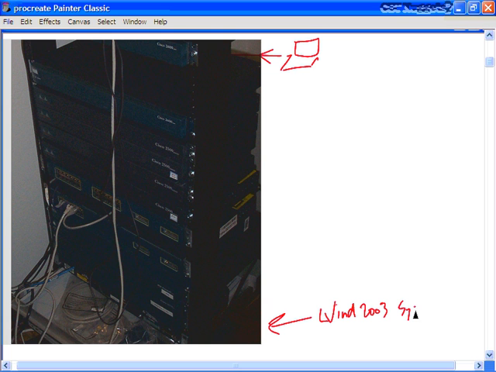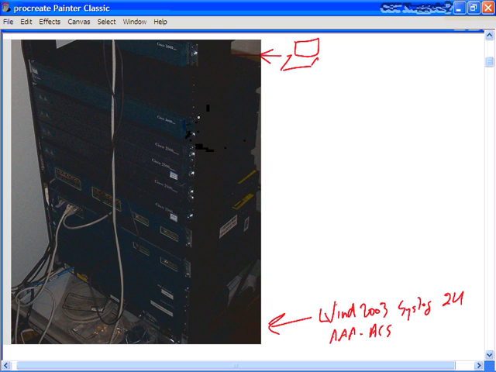My syslog server that I use for logging. I've got my AAA server in the form of a Cisco Access Control server for Windows, and it's installed on this rack mounted, it's actually a big rack mounted server. It's a 2U, uses up 2 spaces. And then of course we've got routers, which are network layer 3 devices. They operate in that OSI layer 3, and I've got a number of them.